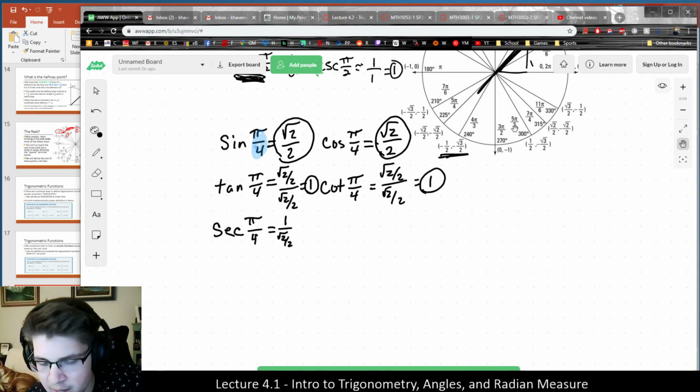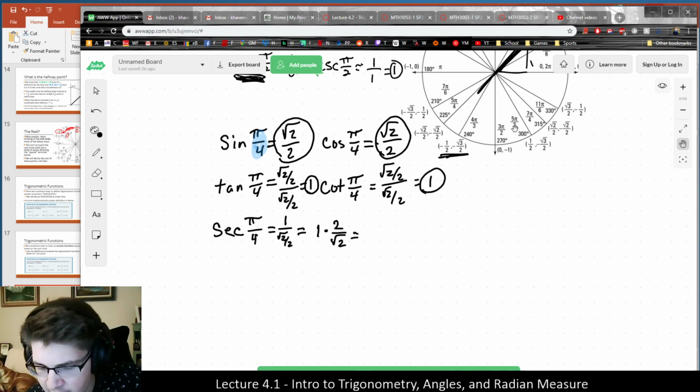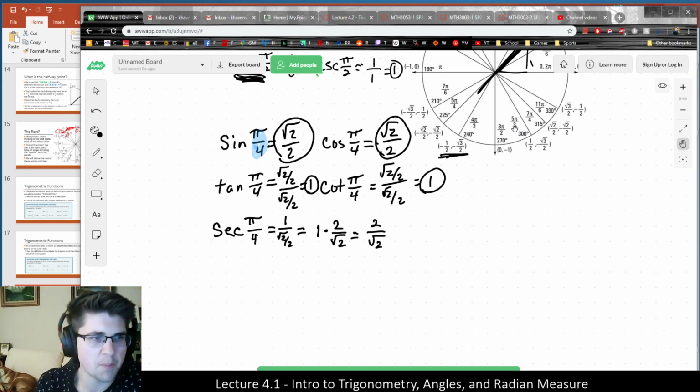It's helpful to remember that when dividing a fraction by a fraction, I can always simplify by flipping and multiplying by the reciprocal of the denominator. The top will remain the same. Or in this case, it would be 1. When I have the reciprocal of a direct fraction for secant and cosecant, you're just flipping the fraction. Instead of root 2 over 2, it's 2 over root 2.